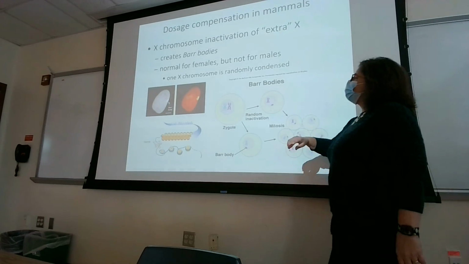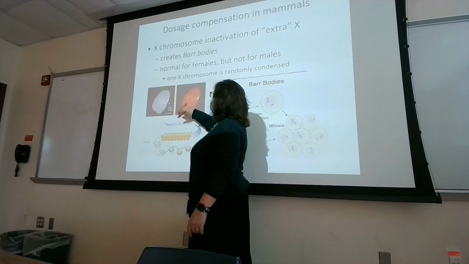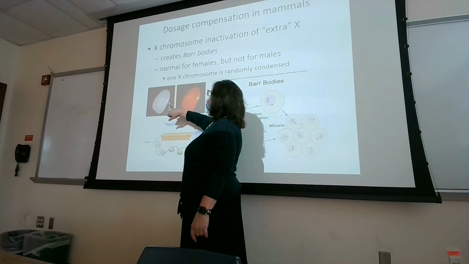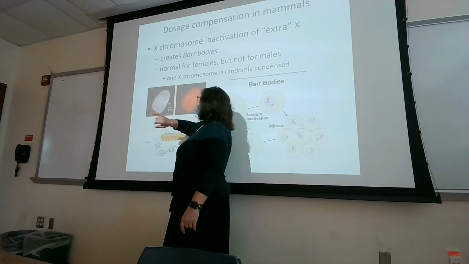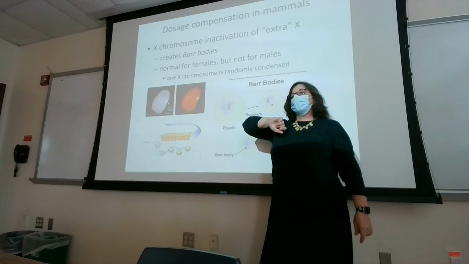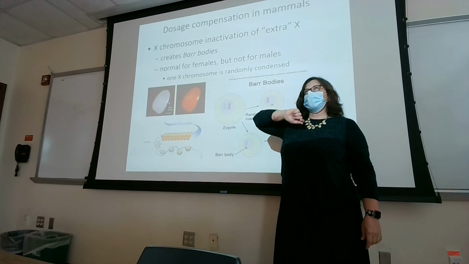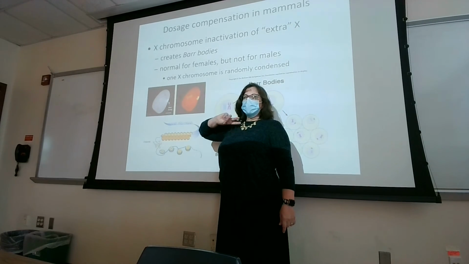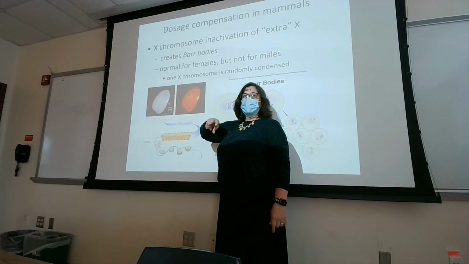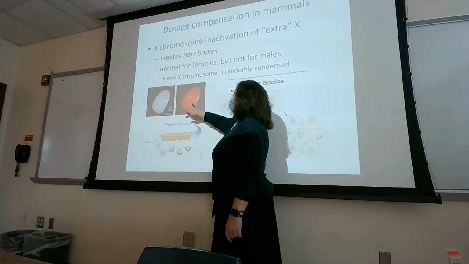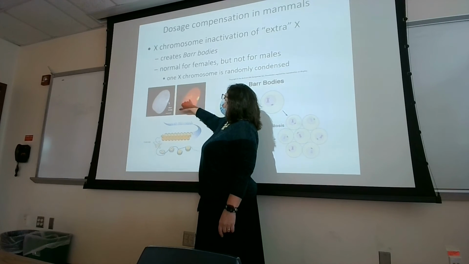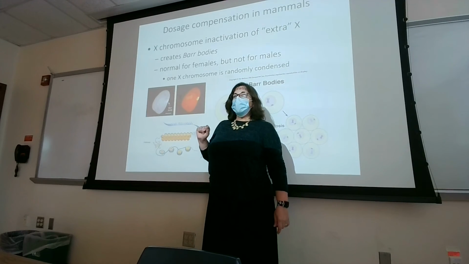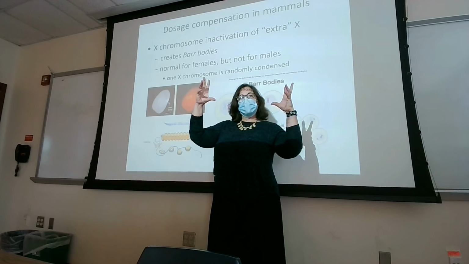Now, in humans, we call that extra X chromosome a Barr body. So here's a black and white image of a fluorescent micrograph. Both X chromosomes are stained yellow in a background of red. Here you can see one X chromosome that's wide open, because it's a diffuse yellow.